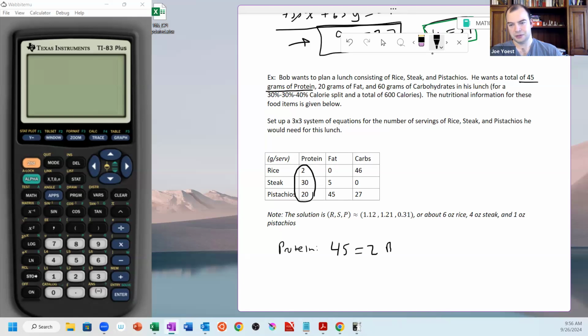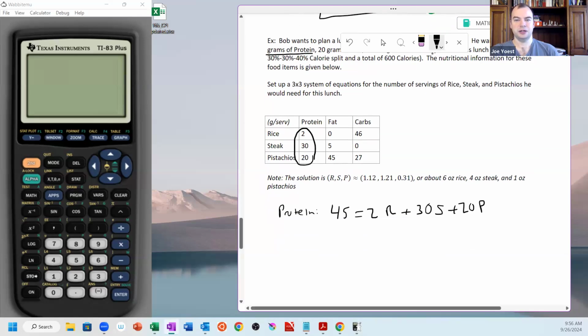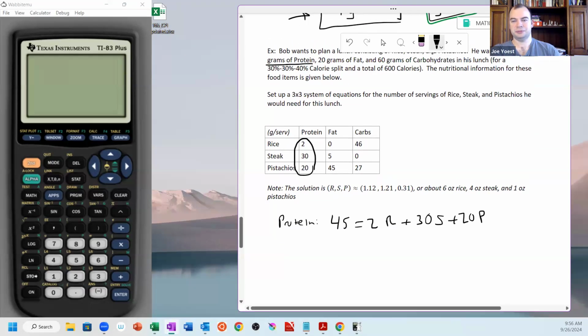So that's 2 grams of protein per serving of rice times, let's say R is the number of servings of rice, plus 30 grams of protein per serving of steak times, let's call it S, the number of servings of steak, and then plus 20P for pistachios. So that's one of our equations in 3 variables.